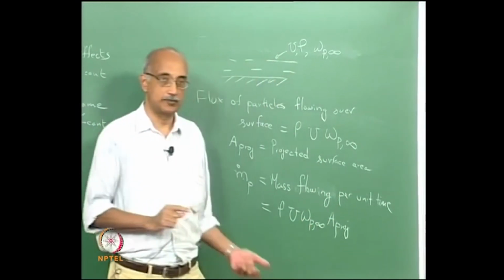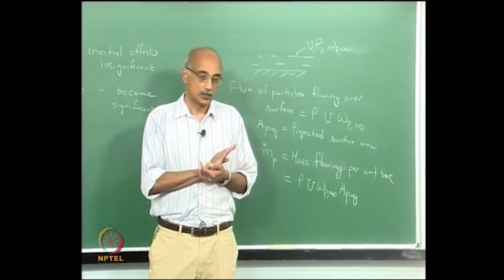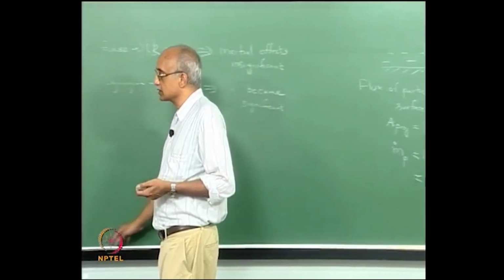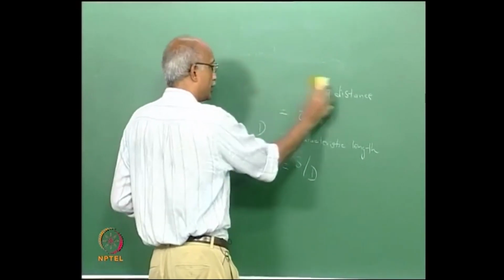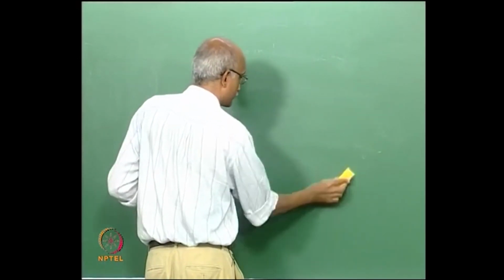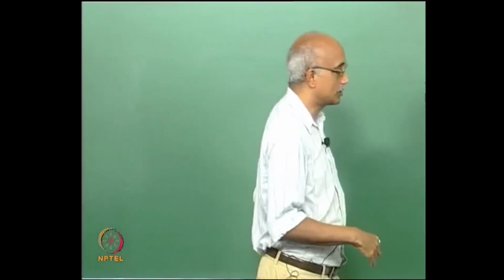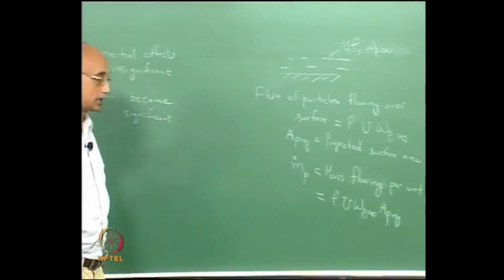This is the mass of material flowing across the surface per unit time. The parameter capture efficiency reflects what fraction of that material actually collects on the surface. So let us say that this is the amount of material that is flowing past the surface per unit time.